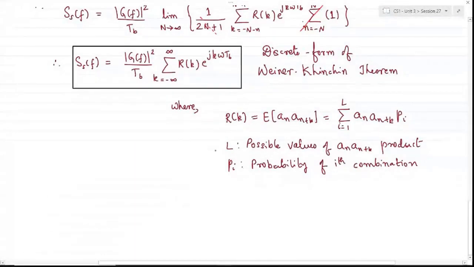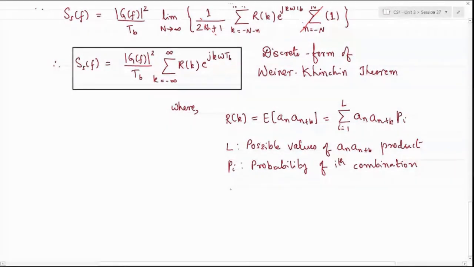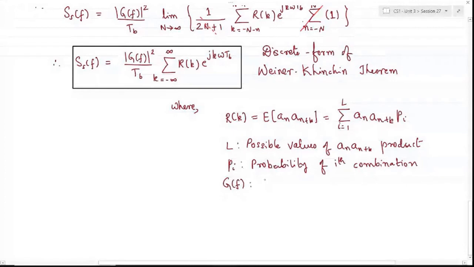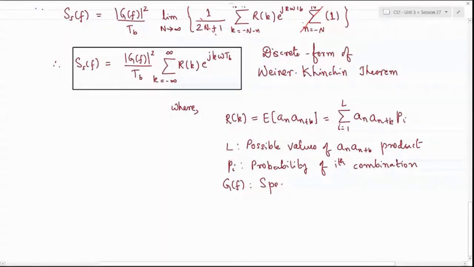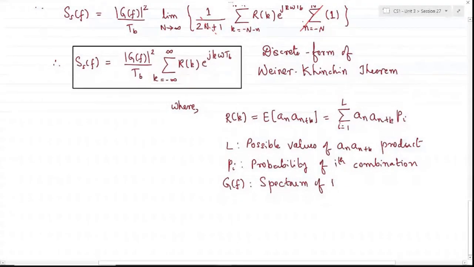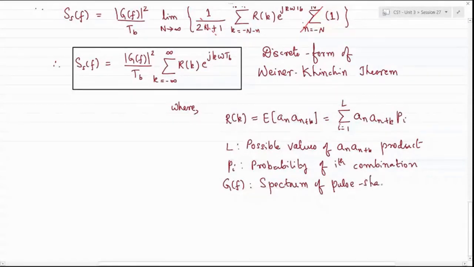Right, so g of f that we know, this quantity g of f is the spectrum of the pulse shaping signal, which we have taken as g of t.